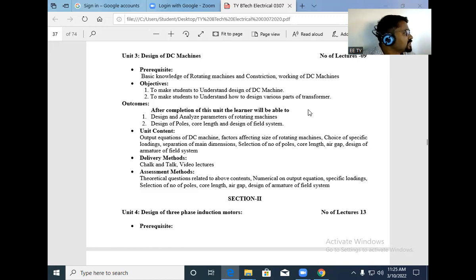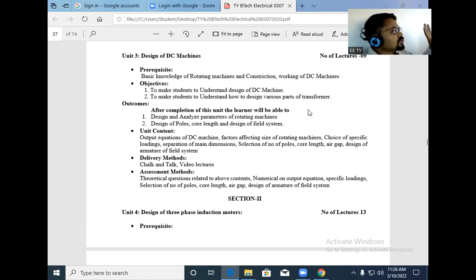Now it is your skill to identify whether that problem is of DC machines, induction motor or synchronous machines. But there is a very simple method. If that problem appears in the section first, then it is the design of DC machine. And if it appears in the section second, then it is a problem of induction motor or synchronous machine.